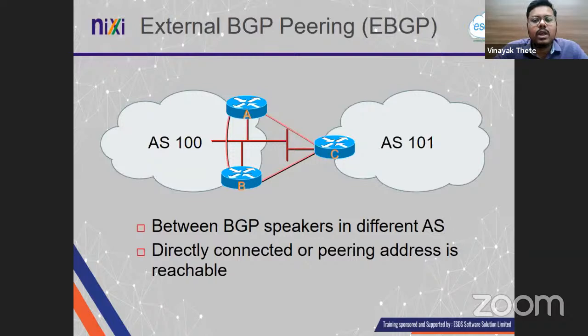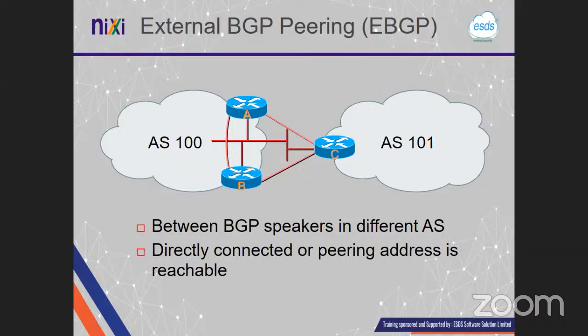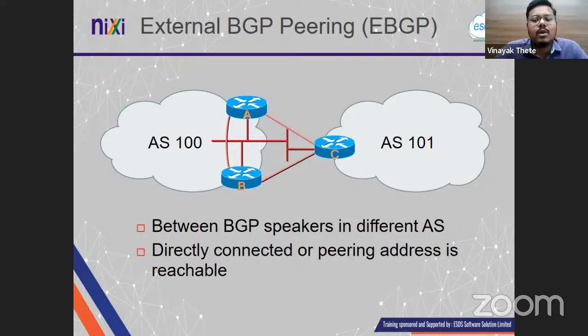For cases like peering with loopback interfaces or peering when devices are multiple hops away, IBGP can be used within the AS number.